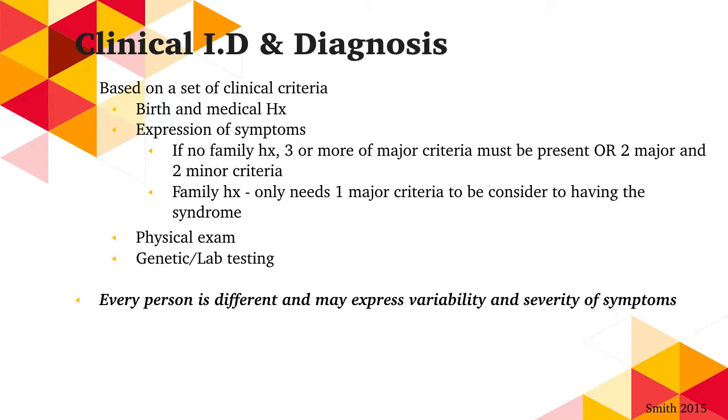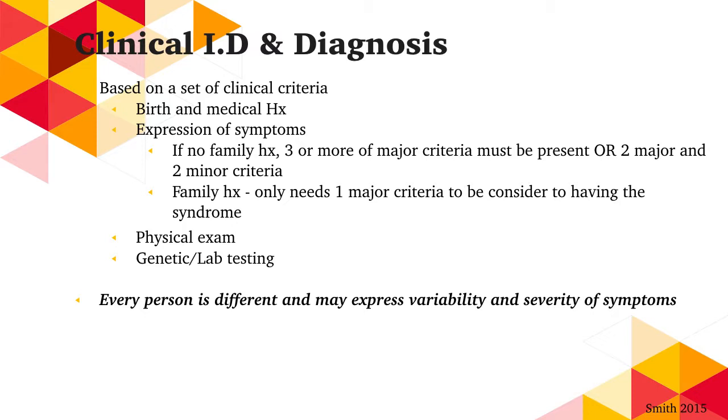So if no family history is present, you have to have 3 or more major criteria, or you can have 2 major and 2 minor criteria. We're going to go over those in the next slide. And if you have a family history of BOR, only 1 major criterion needs to be present to be considered as having the syndrome.